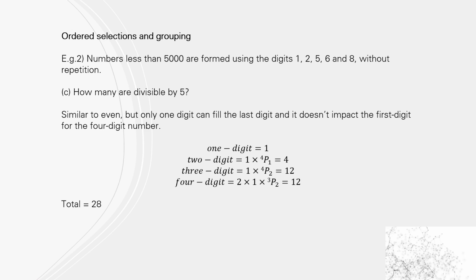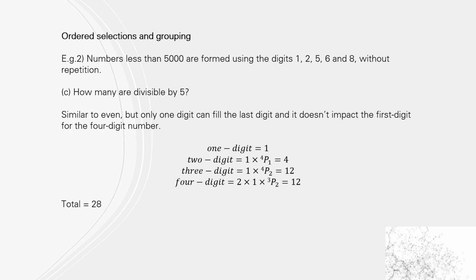So for our 1-digit, we've only got the 5. For our 2-digit, the 5 has to be the last digit. So that's why we've got 1 times, and then we've got 1 position out of the 4 remaining, so times 4P1. The 3-digit is the 5 at the end, which is 1 times 4P2.